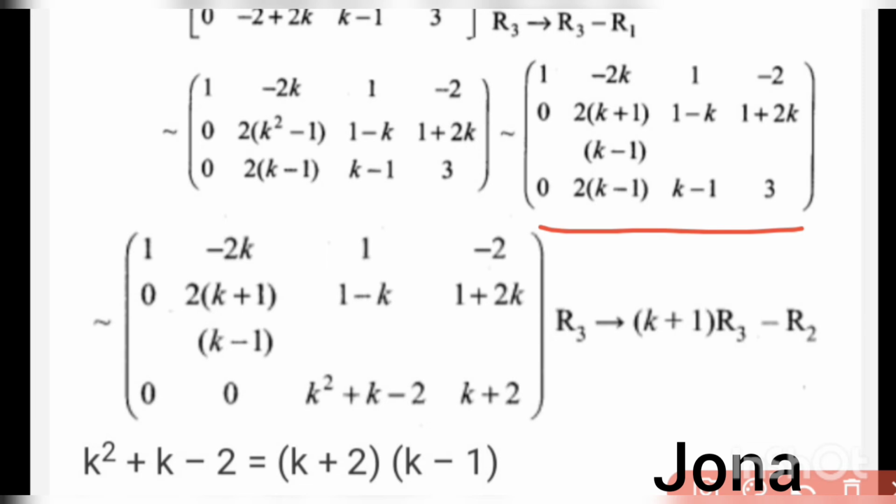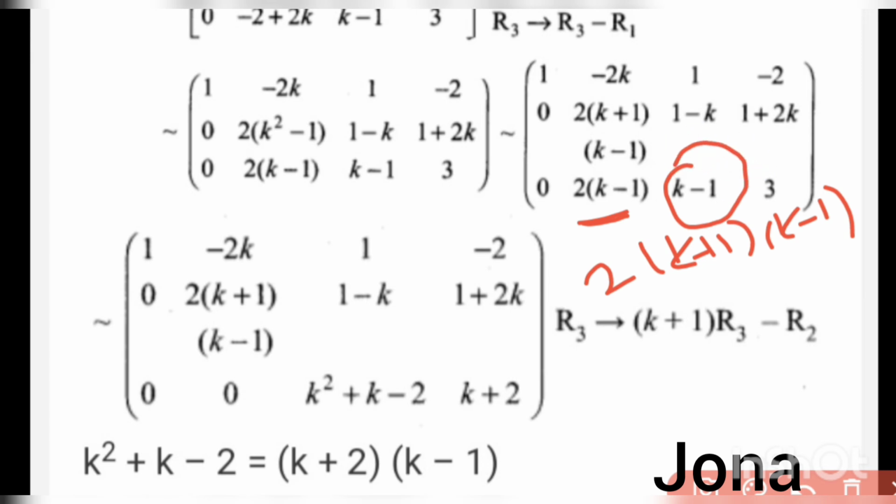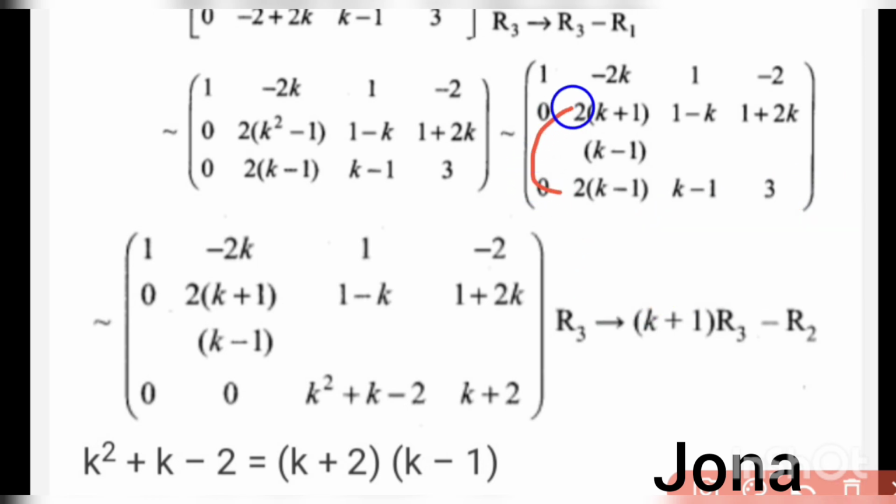If you multiply 0, it will be the same 0 only. And then if you multiply with k plus 1, you will get 2 into k plus 1 into k minus 1, and then k plus 1 into k minus 1, and here 3 into k plus 1. If we subtract this from R2, these become 0.